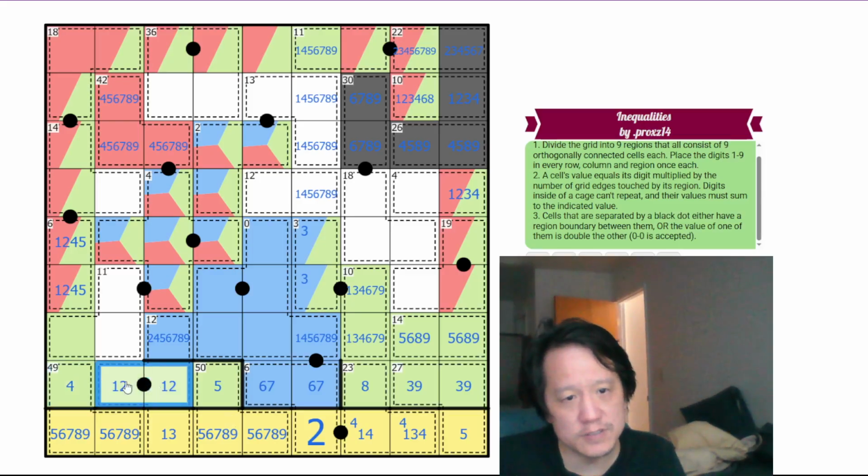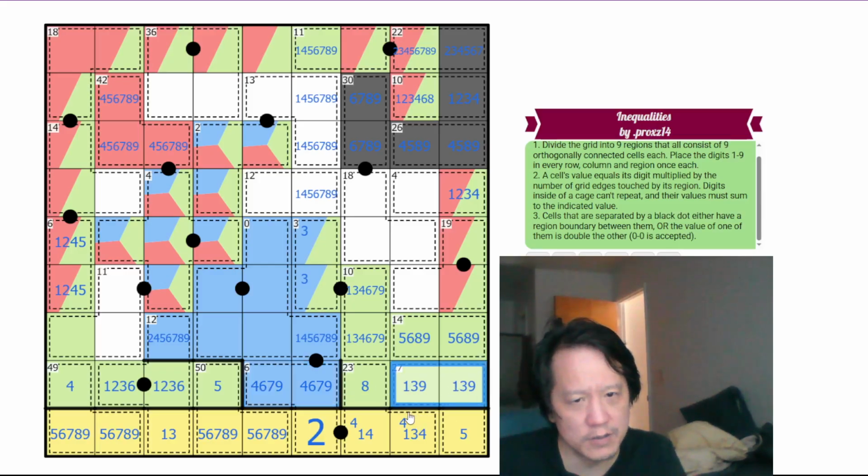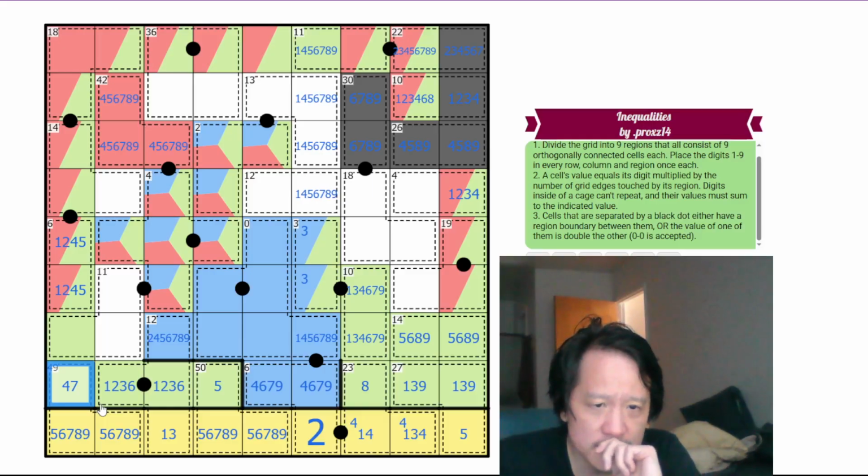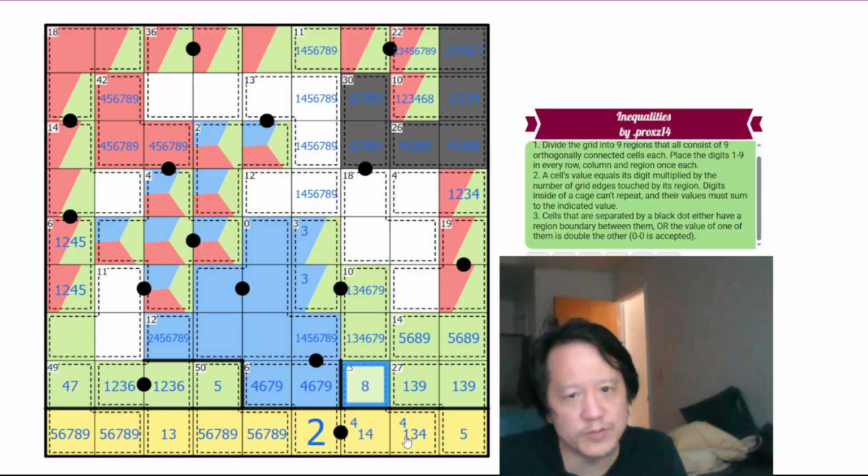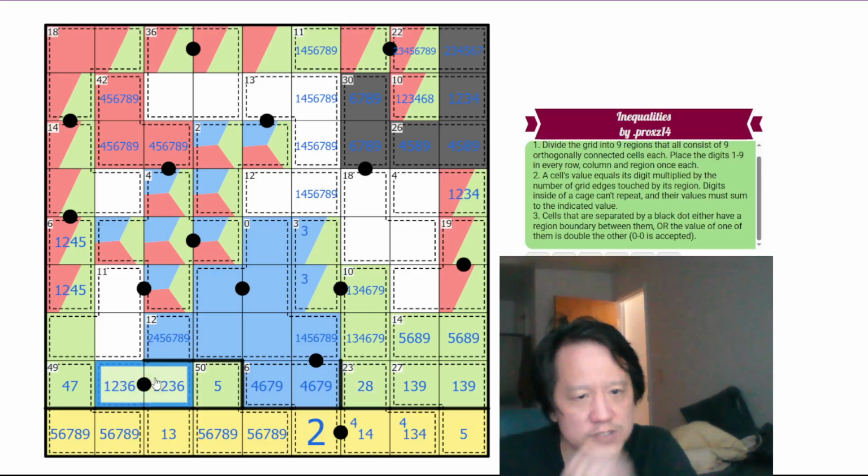Otherwise, this would be 1. This is 3, 6. That makes us 4, 9. This has to be 1. This has to be 7. And this would have to be 2 in that instance because this is 3, 6, 1.